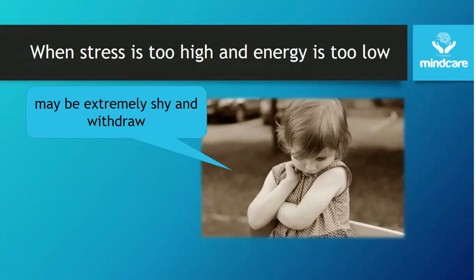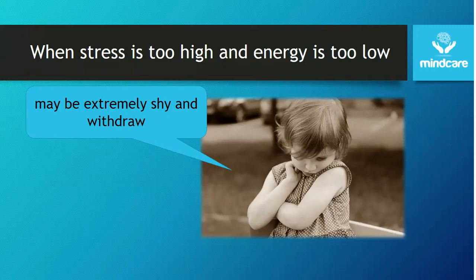Also, another thing which we frequently do is think about the child, like giving them a label. Actually, it's not really misbehavior, but we're giving the child a label, and this is a stress sign. A child who's extremely shy and withdraws.